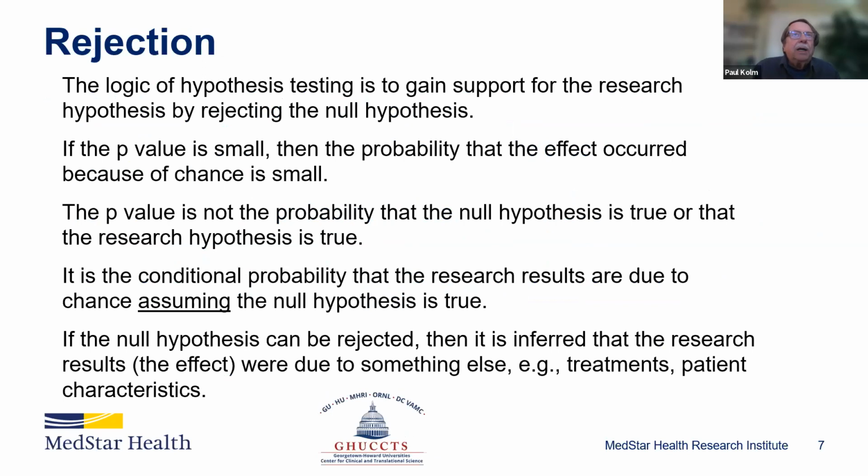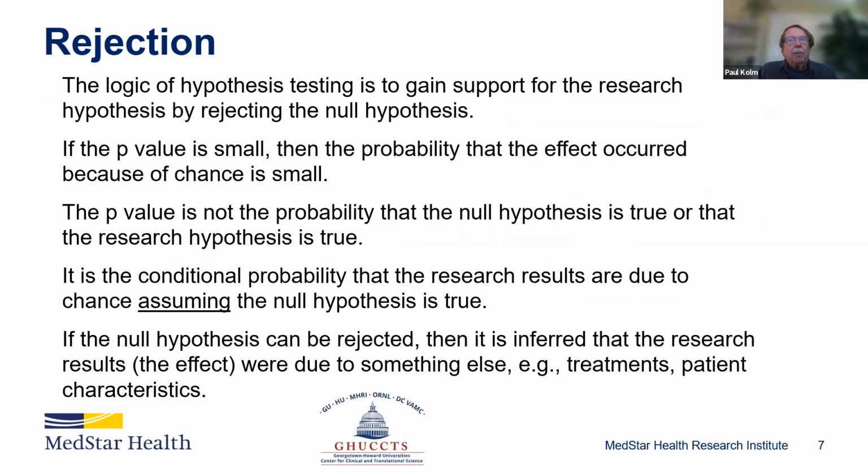So when we reject the null hypothesis, basically what we're doing is we're trying to gain support for the research hypothesis. And if our p-value is small, then the probability that the effect occurred because of chance is small. What a p-value is not is the probability that the null hypothesis is true or that the research hypothesis is true.